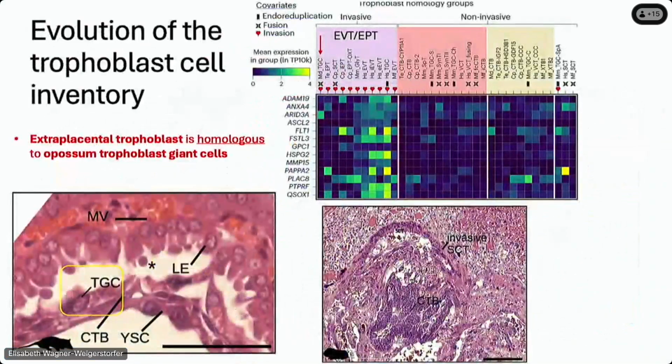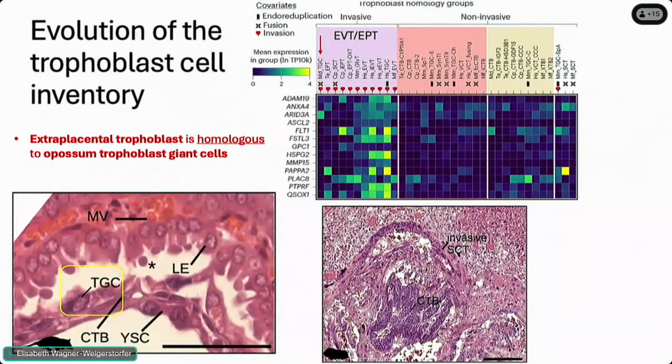Okay. And one surprise that we had is that these EVTs, extravillous trophoblast, which is a cluster of similar cells from different species, is actually clustering with the Monodelphis giant cells that I already introduced to you.